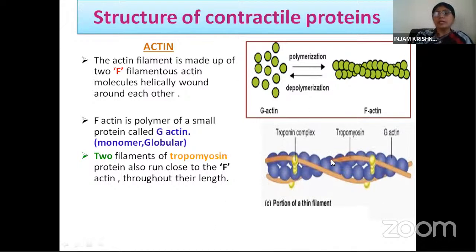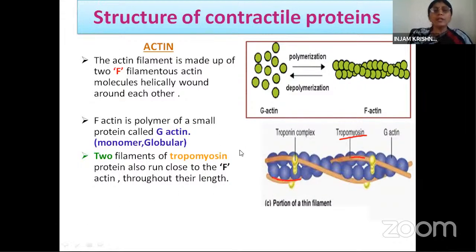Here also there are two filaments, helically wound around each other. Apart from the F filaments, these other two chains also run along with them. This is called tropomyosin.